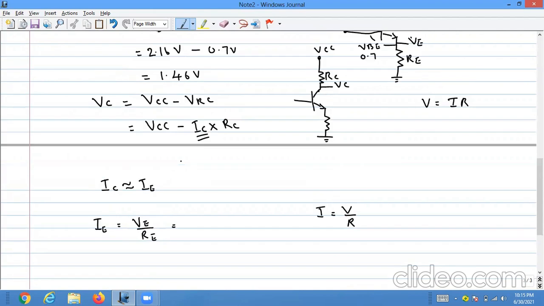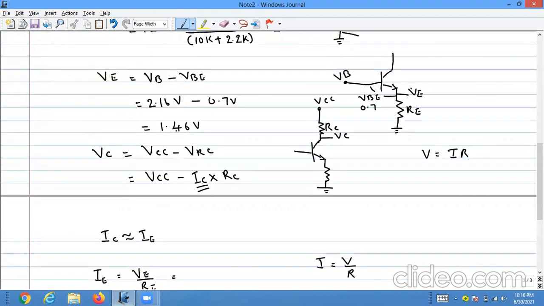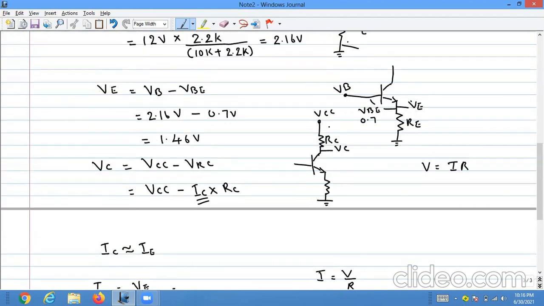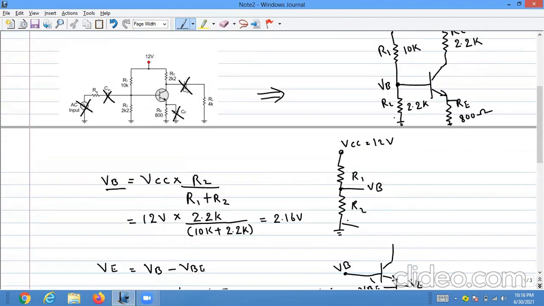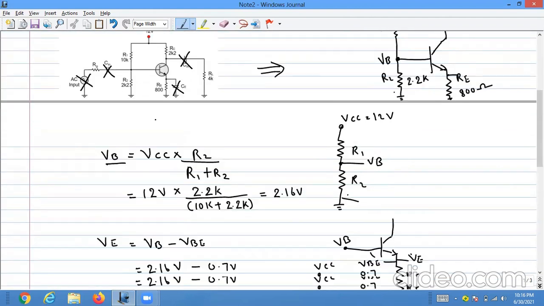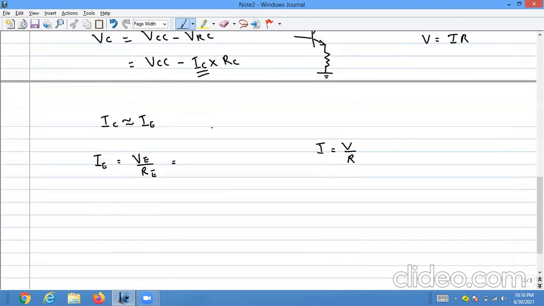VE we already have, 1.46 volt, and RE is already given, 800 ohms. Substituting the values, you will get an answer of 1.83 milliamps.